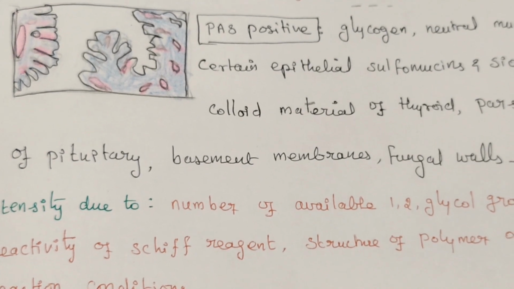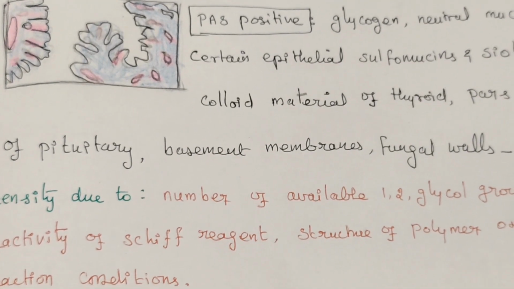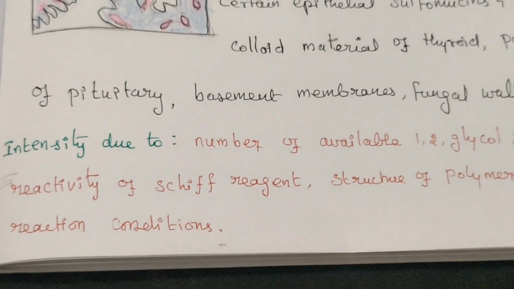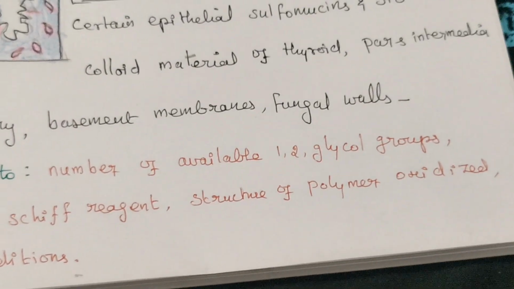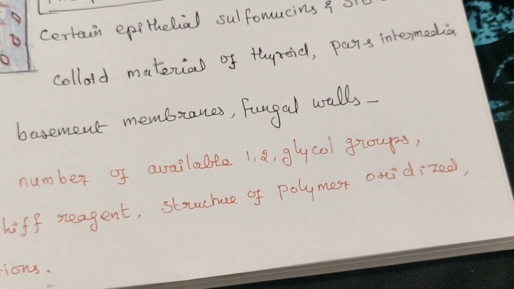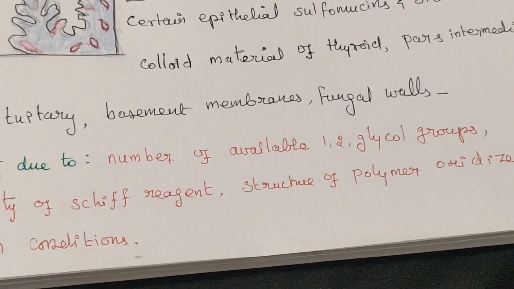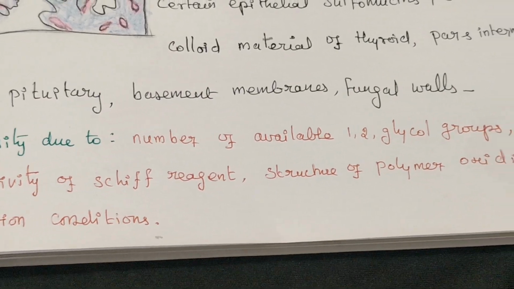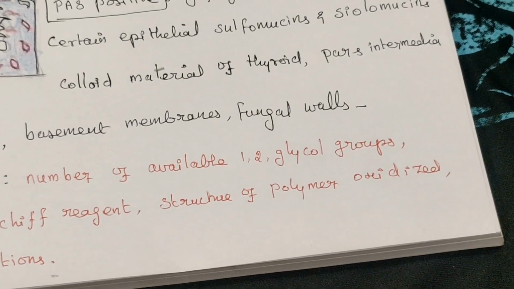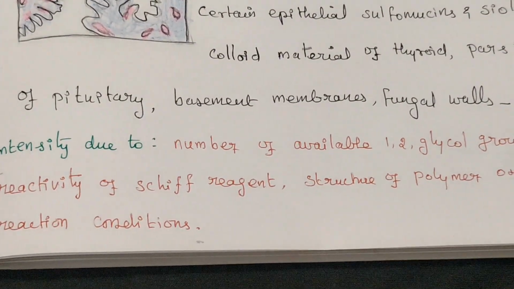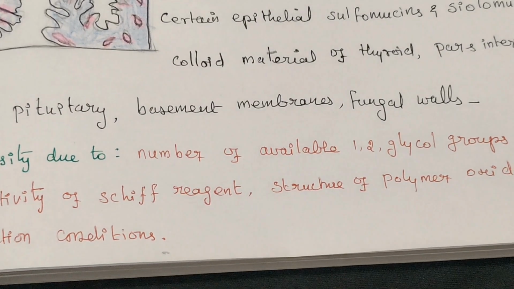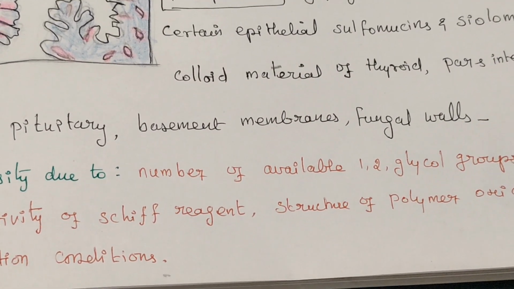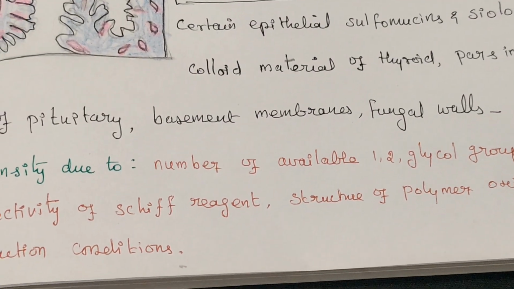Then how intense is a tissue section with PAS reaction? The intensity is due to the number of available 1,2 glycol groups, reactivity of Schiff reagent, structure of polymer oxidized, and reaction condition. It occurs due to 4 different factors.